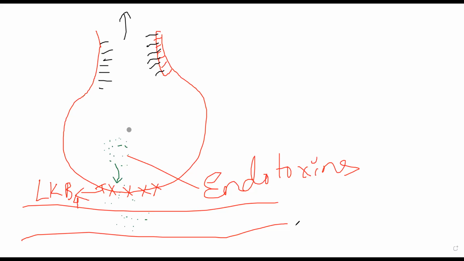Okay, so this is the blood vessel. What happens is, because of the presence of these bacterial components, and in response to tissue damage, other leukotrienes will also start being released. First LTB4 came, after that bacterial components are coming, so many things are coming here.